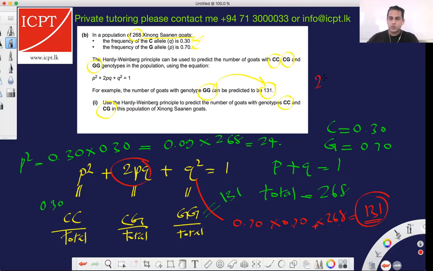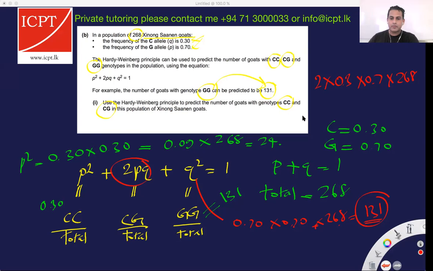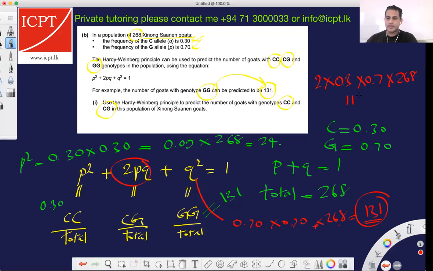This one is 2 times 0.3 times 0.7 times 268. Let me calculate that: 0.3 multiplied by 0.7, multiplied by 268, gives 113 when rounded. So this one is 113, and this one is 24.